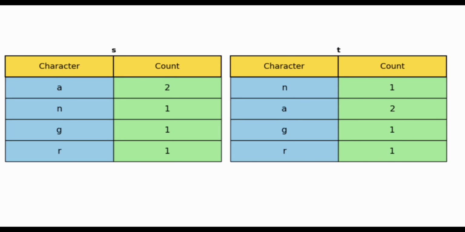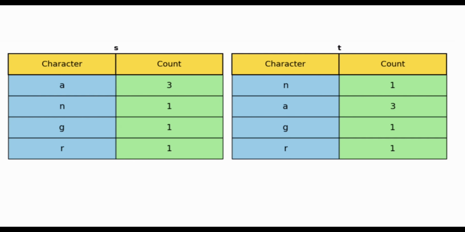And then for the next one, the next character in s is R, we put 1 for R here, and same for t. And then we reach the fifth character, so ANAGRAM, and right now we are here.